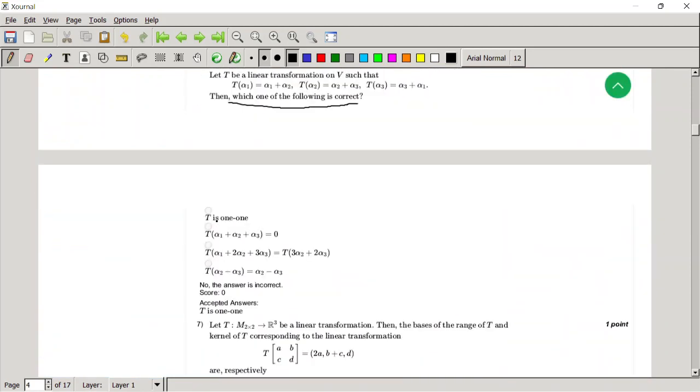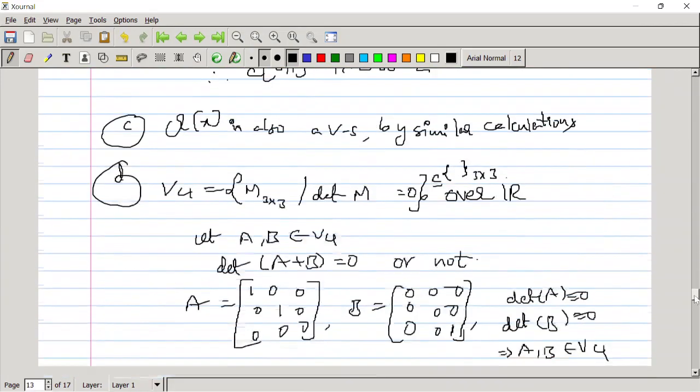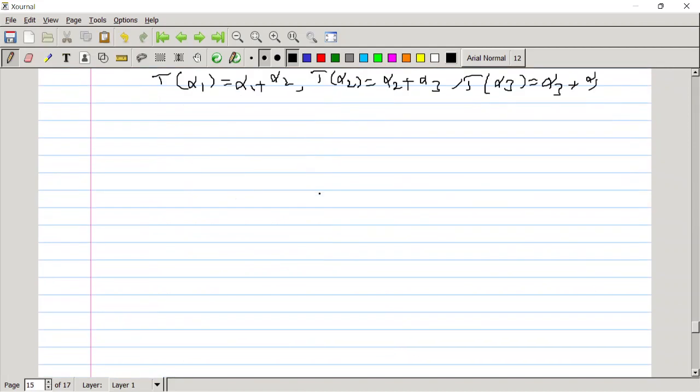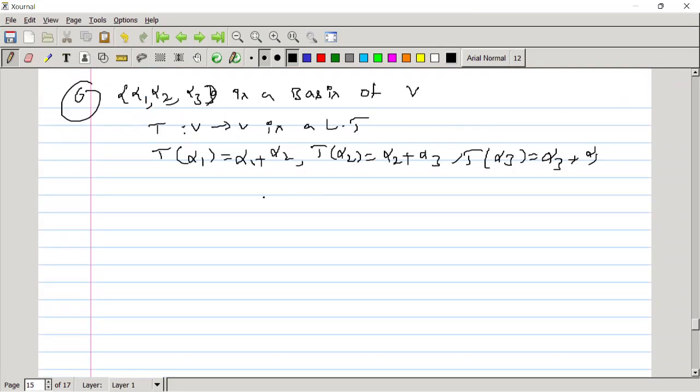The first option is T is 1-1. To check whether T is 1-1 or not, we have a property: a linear transformation T on a vector space is 1 to 1 if and only if the kernel of T is equal to the singleton set {0}.